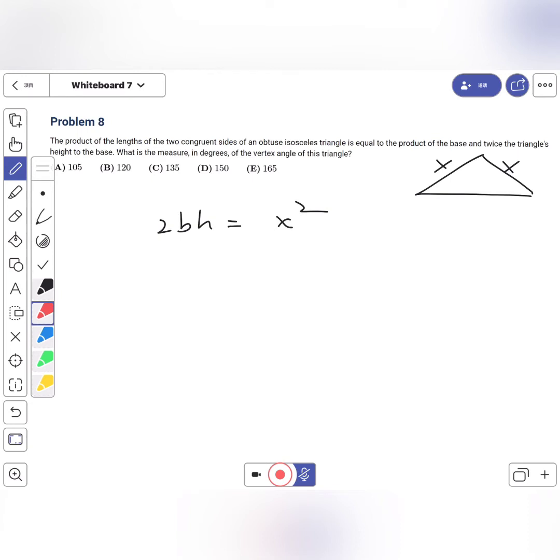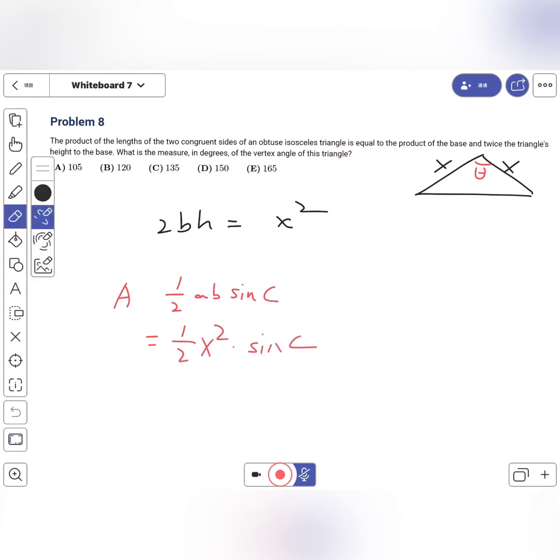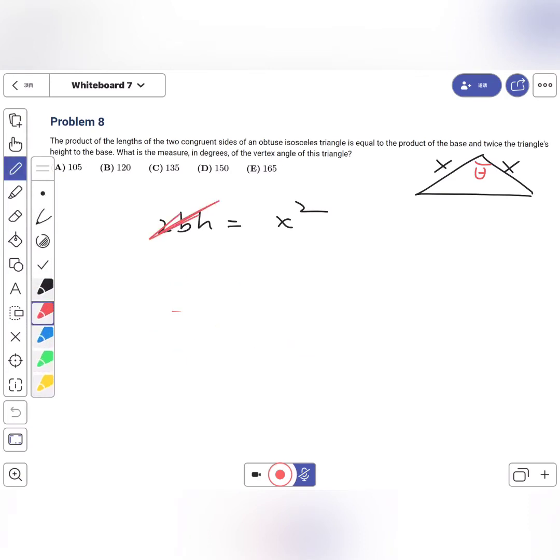And also, we know that the area can also be equal to 1/2 times ab times sine C, where C is the angle between them. And we see that since a is equal to b is equal to x, then it's equal to 1/2 times x squared times sine C. So also, the left side can be expressed as 4 times the area.